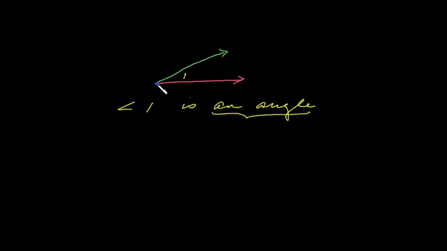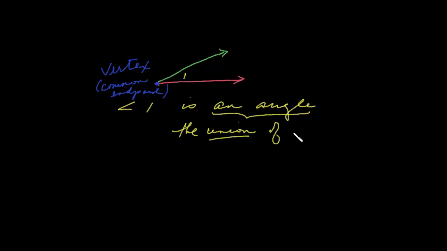So that vertex is the common endpoint of these 2 rays, the ray here and the ray there. So the definition of an angle is the union of 2 rays. The union of course means that we're bringing them together.